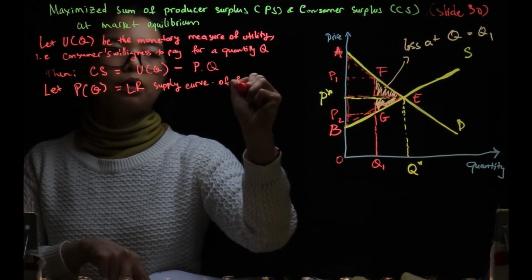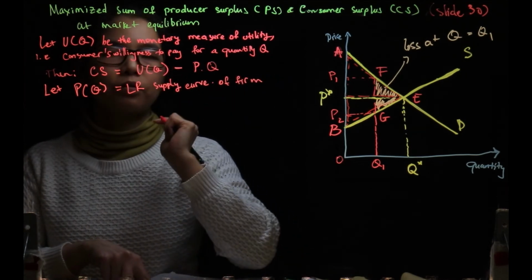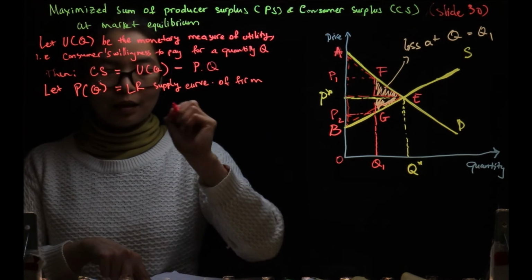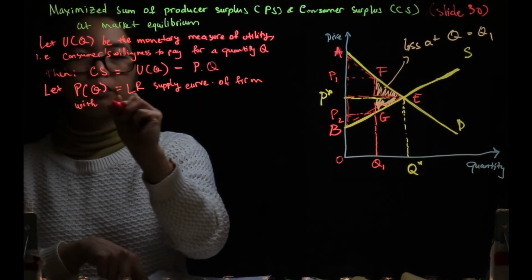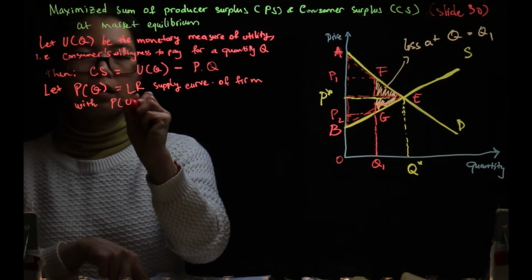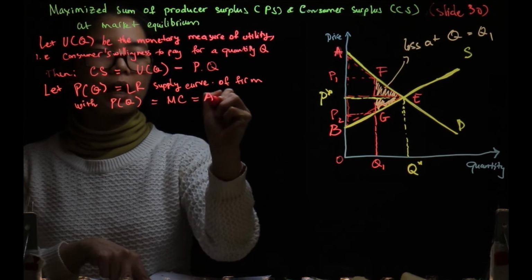Do you still remember what the long run supply curve is? It's the MC. So at equilibrium, the long run supply would be MC equals AC.